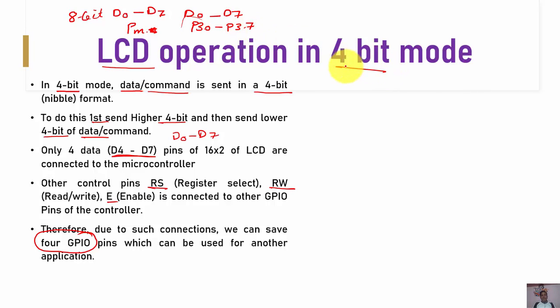However, the same task can be done by using only 4 bits of the LCD, and hence out of 8 we are going to make use of only 4 GPIO port pins of the 8051 microcontroller. And these two commands collectively we are going to use in order to enable the 4-bit mode for the LCD.